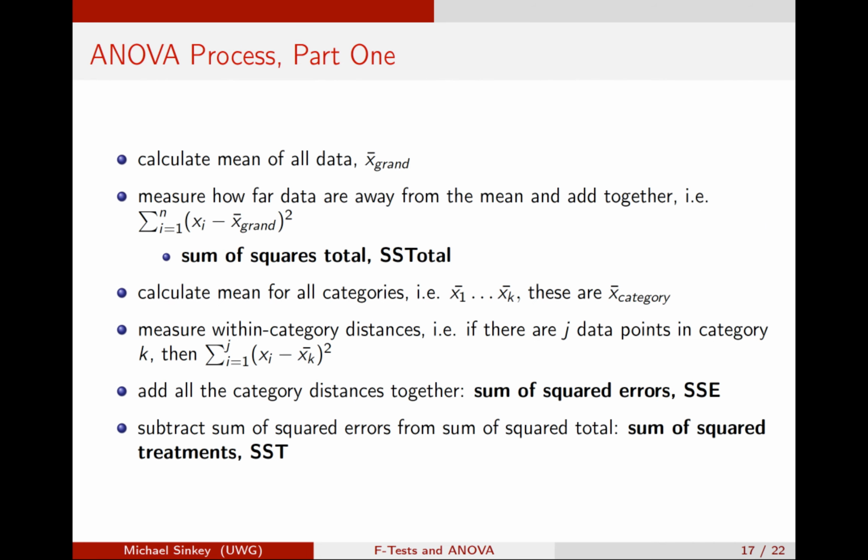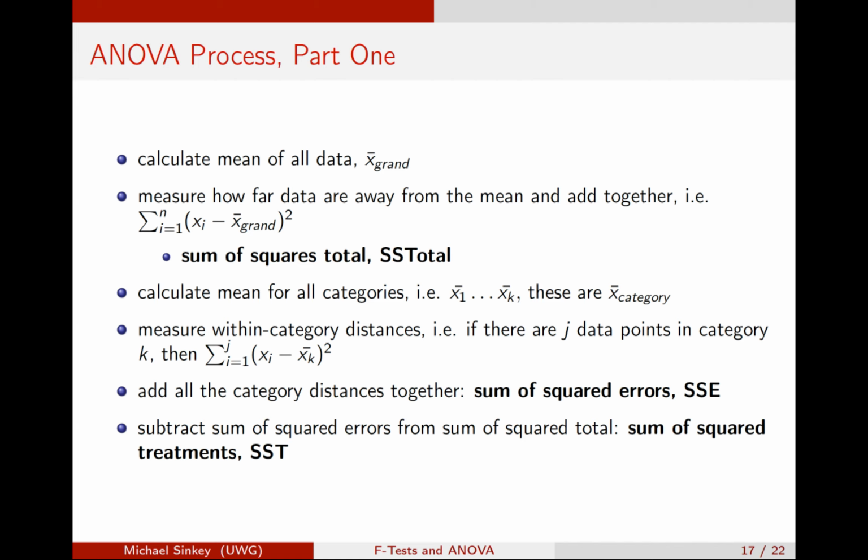So the first step in ANOVA is we calculate the mean of all the data, and that's X bar grand, the grand mean. So if I have 3 restaurants, I take all the data from all 3 restaurants, I average it together. Then I measure how far the data are from the overall mean, I square it, and I add it together. And that's called the sum of squares total.